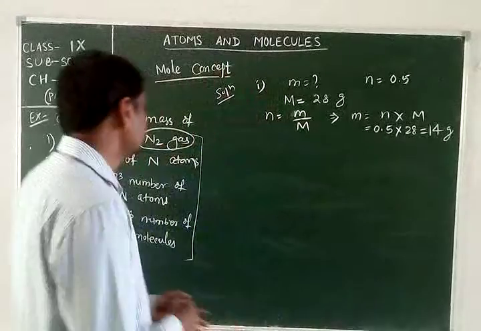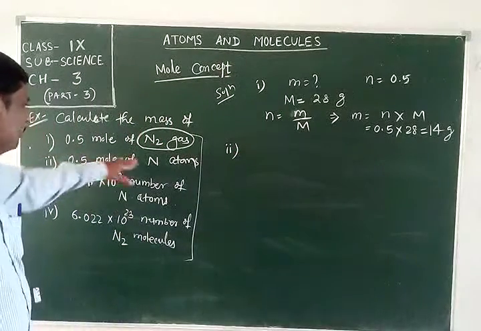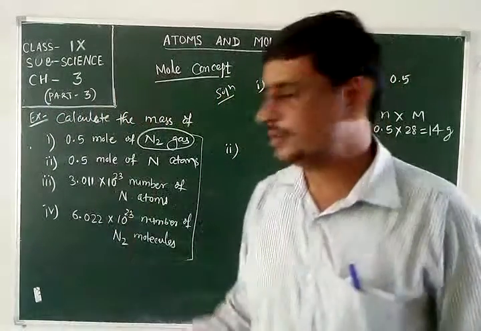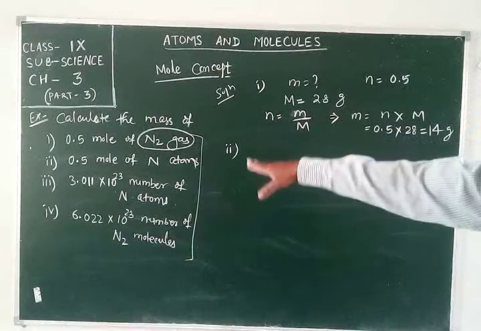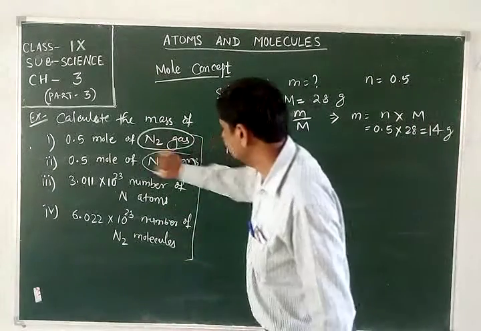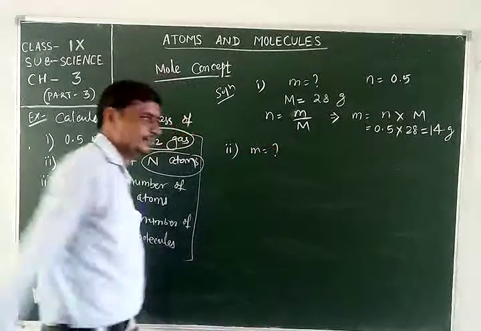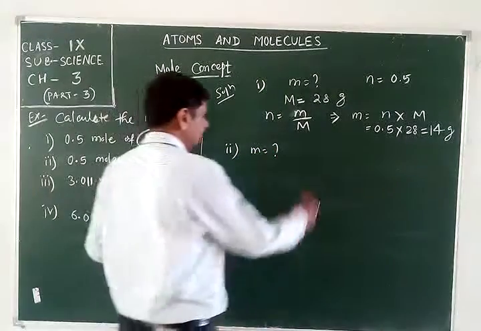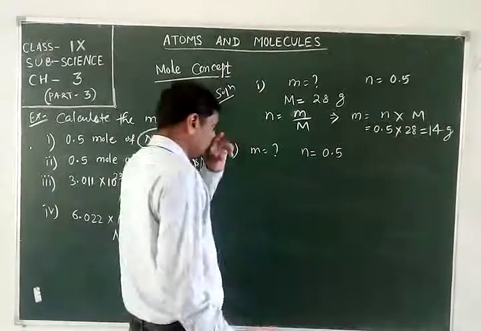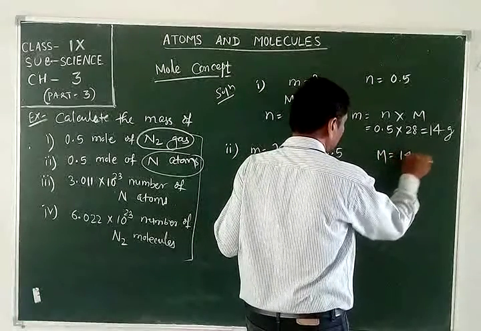Next, come to the second bit. 0.5 mole of nitrogen atoms. The first case was given nitrogen molecules. Nitrogen gas means nitrogen molecules. In the second case, it is nitrogen atoms. Here, we have to find the mass of this nitrogen atom, having number of moles 0.5 and molar mass 14 gram.